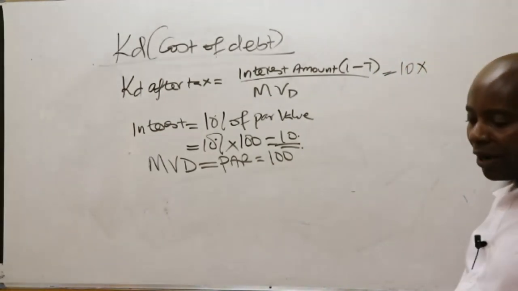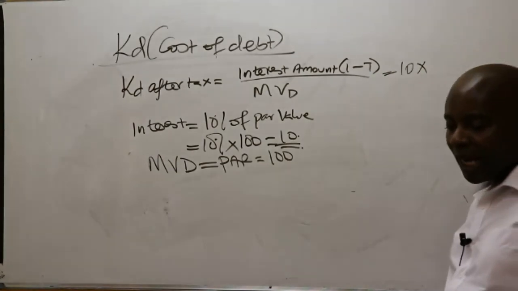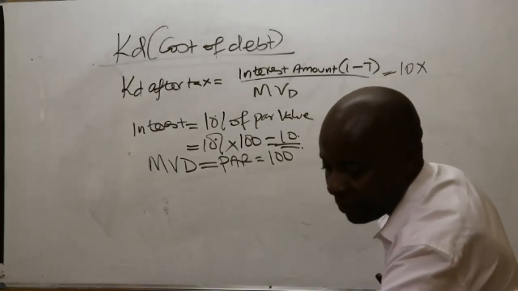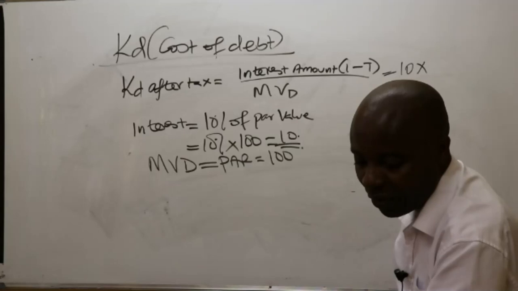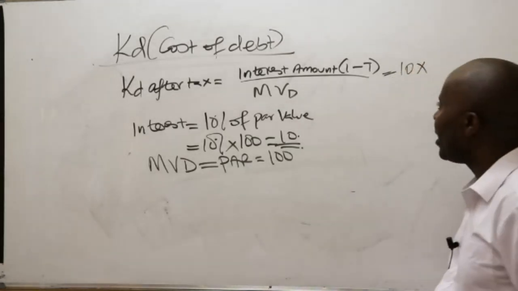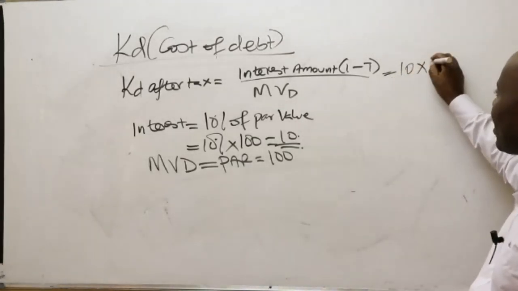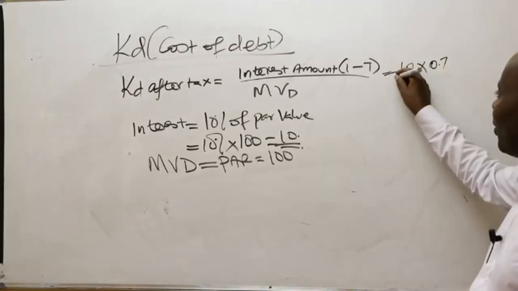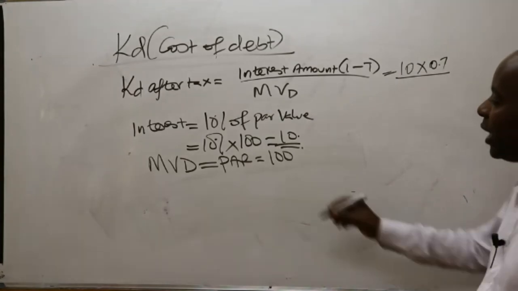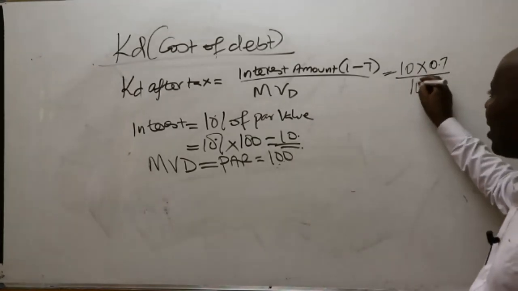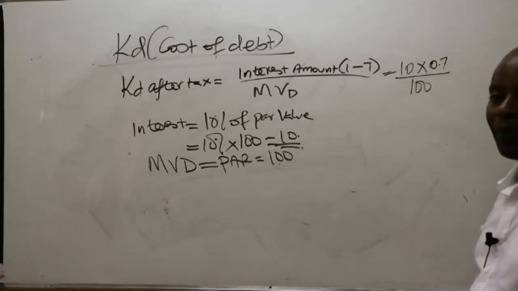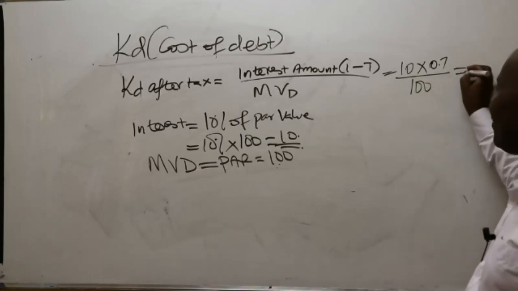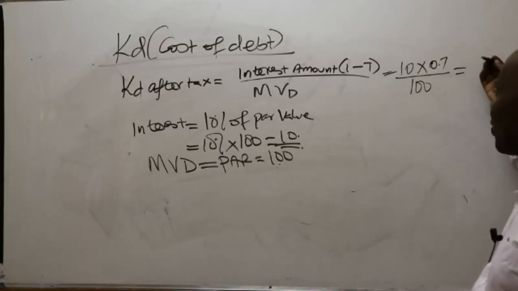You told me tax is 30%, so 1 minus 30% gives us 0.7, all over market value of debt, which is the same as par value. So this ends up giving us 0.07.